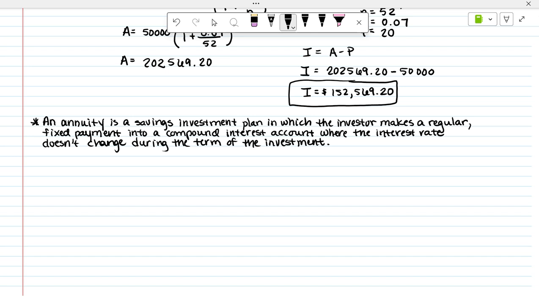So if the first year there was 1,000, the second year another 1,000 would be put in, plus the interest earned from the first year. Then you find the extra interest based on that new principal that included both years' deposits plus the first year's interest. So it's kind of like a souped up compound interest account.